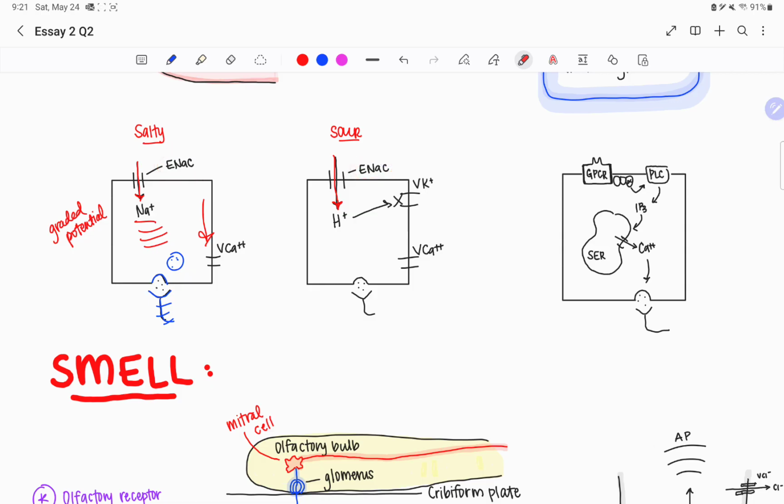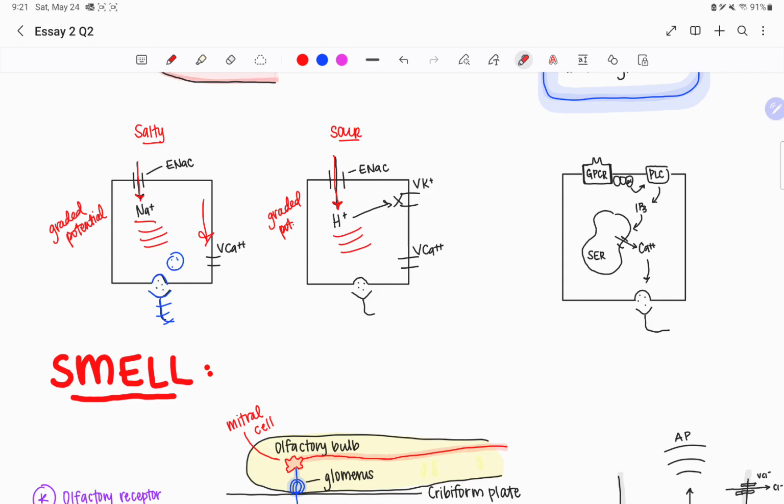Now for sour, the hydrogen ion comes in and depolarizes the cell, but it also inhibits this voltage-gated potassium channel, further depolarizing the cell. But again, it only causes a graded potential, not an action potential. Same thing here: it opens up the voltage-gated calcium channel. Calcium rushes in, activates the SNARE proteins, causes exocytosis, and synapses with the neuron. The neuron takes the signal to the brain via action potential.